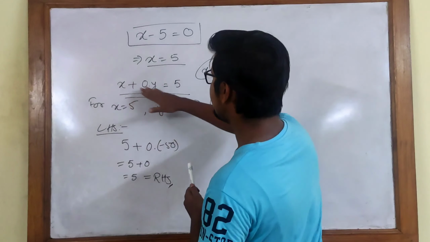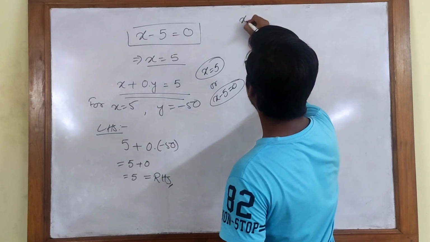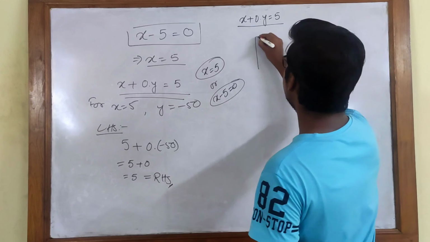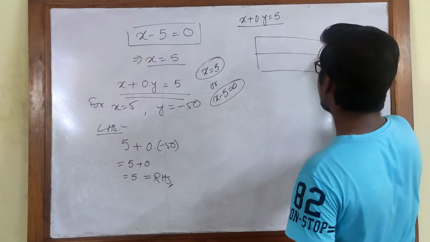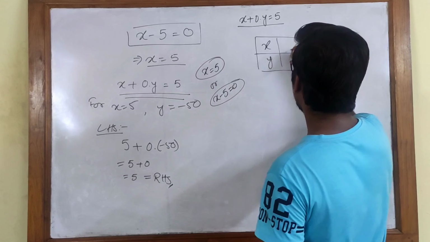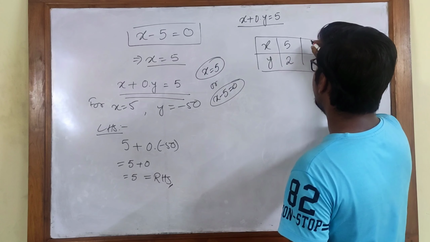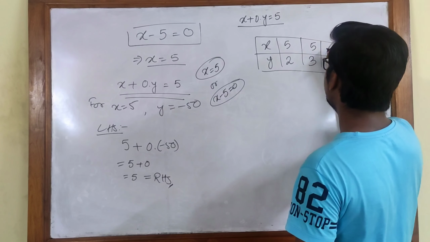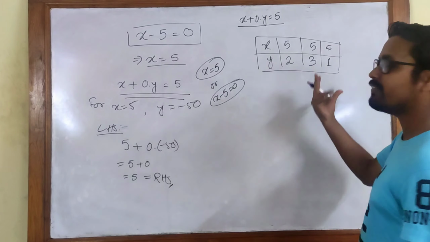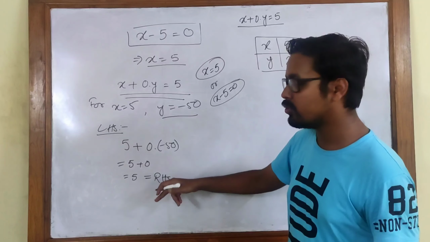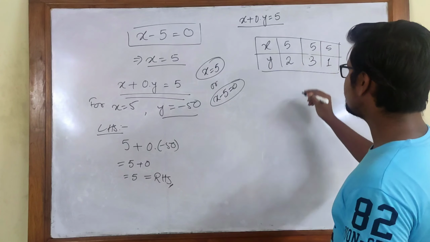So suppose our equation here is x + 0·y = 5. Let us find a few values. x will always be 5, y can be 2. If x is 5, y can be 3. If x is 5, y can be 1. y can have any value, and for this, the answer will always be equal to the RHS. Now let us plot these points.